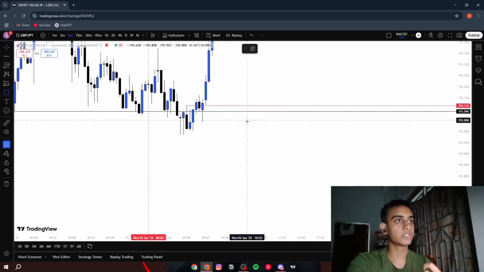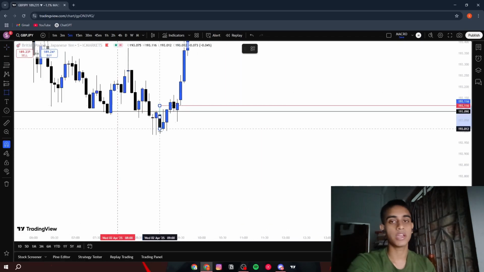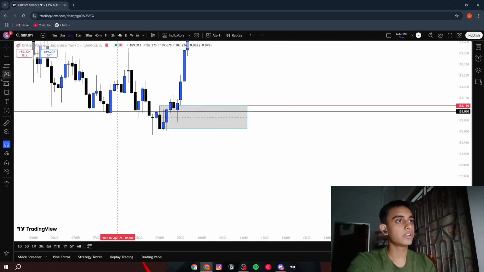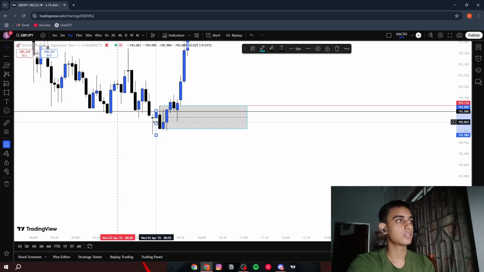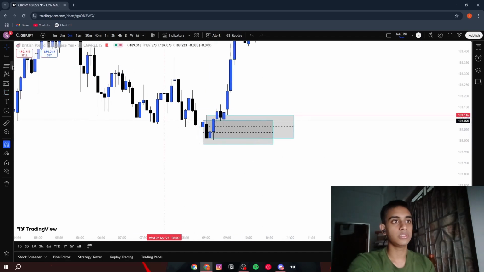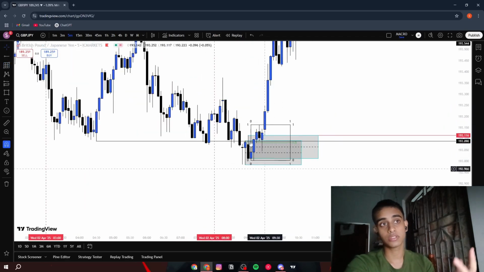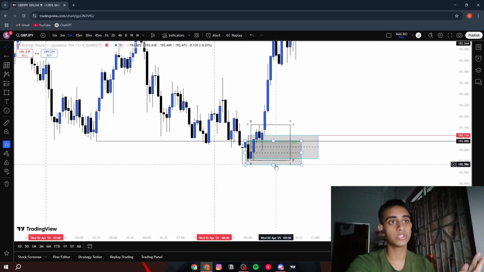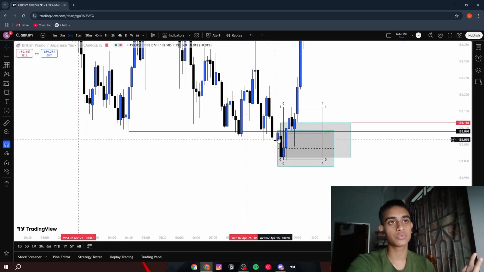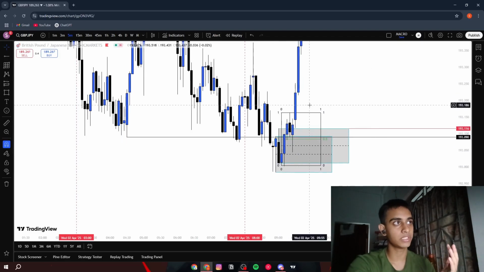This right here is the order block, and this right here is the breaker block. And we also got EQ, which is the equilibrium. As you guys can see, the price hit all the three confluences we marked out, and this is the EQ, the discounted price zone, and it hit all of the three confluences.